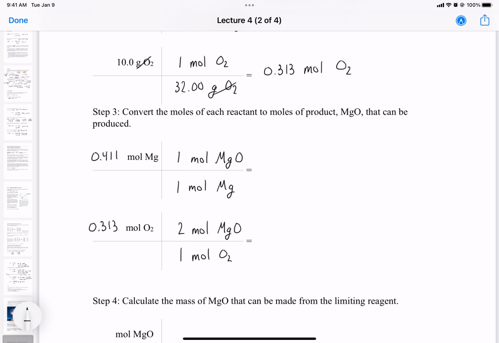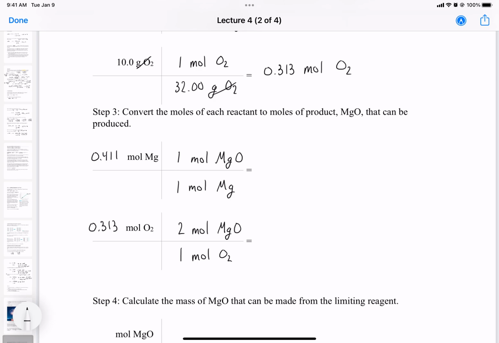I think it's pretty clear, just by looking at the setups for the calculations here, that we're going to produce a lot more magnesium oxide with oxygen and even less with magnesium.